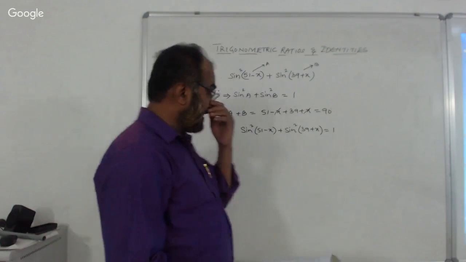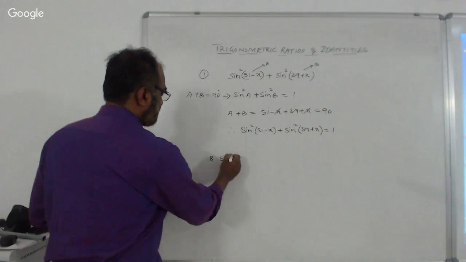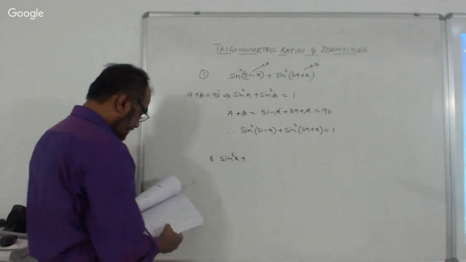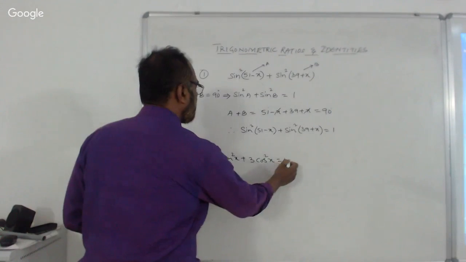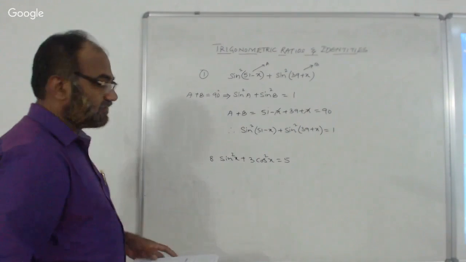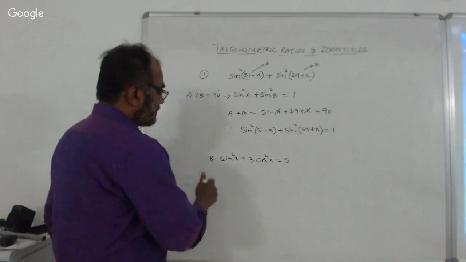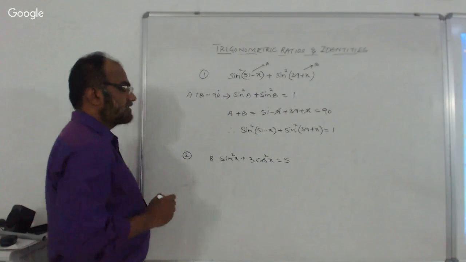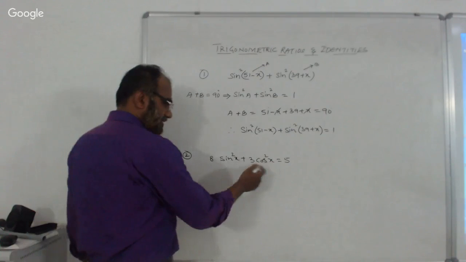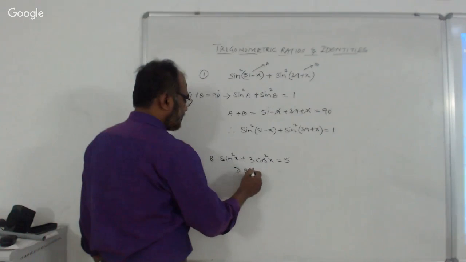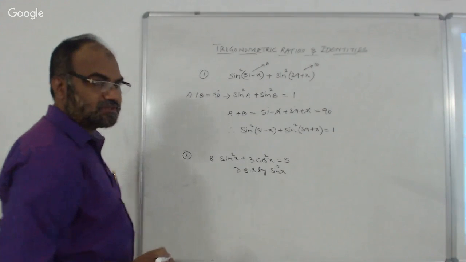And one more we had: 8 sine square x plus 3 cos square x equals 5. This was one of the homeworks again. How to find the value of cot x from here? To get cot square x, you need to divide both sides by sine square x.